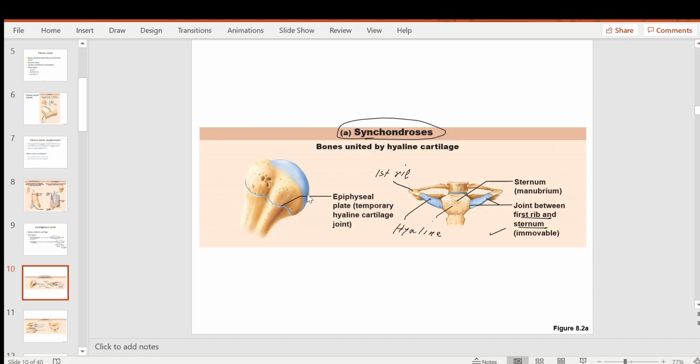This is also hyaline cartilage. You remember when we learned about ossification, the primary and secondary ossification centers join here, leaving a thin plate of hyaline cartilage that will never be converted to bone. That is a joint too, called the epiphyseal plate. This joint is also by hyaline cartilage, so it belongs to synchondrosis.